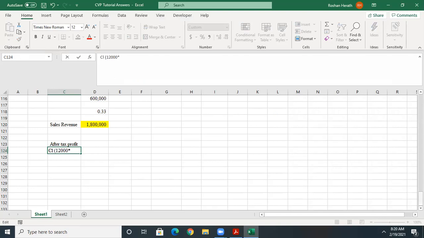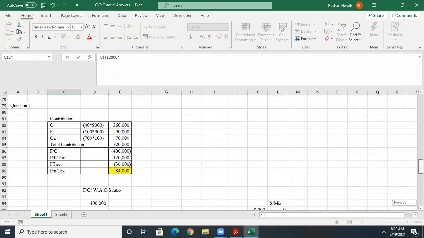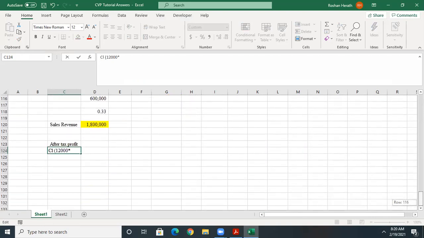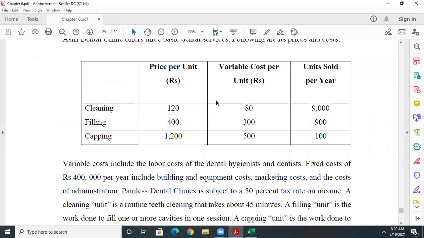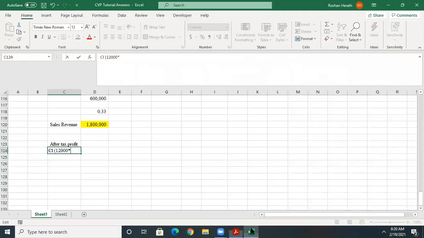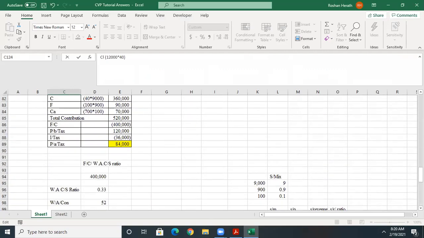And earlier we computed the contribution from each of the products. And the contribution from cleaning was how much? Cleaning, it's 120 minus 80, it's 40, actually it's 40.